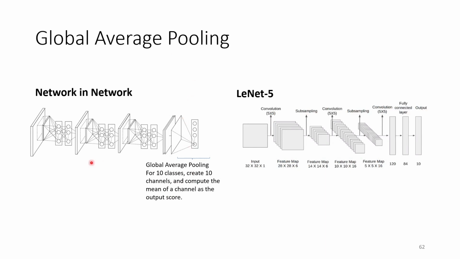It means when you use many one-by-one convolutional layers, at the end you will generate a set of feature maps. Say for CIFAR 10, there are 10 classes. So you create a layer with 10 channels, and each of the channels will be summed up to become the final class score.